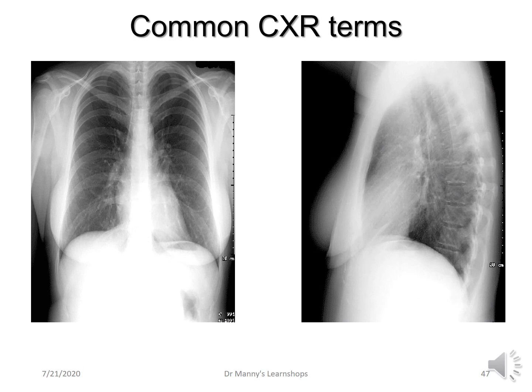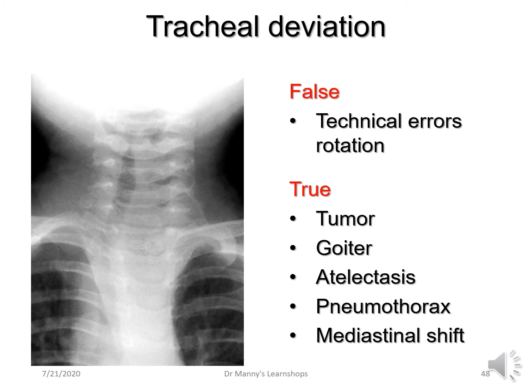Now let's review some common X-ray terms that are employed when looking at chest X-rays. You have tracheal deviation. On the image in front of you, the air bronchogram, or the tube there, the trachea, is typically full of air. It's deviated to the right side. Now this can be false because of rotation.